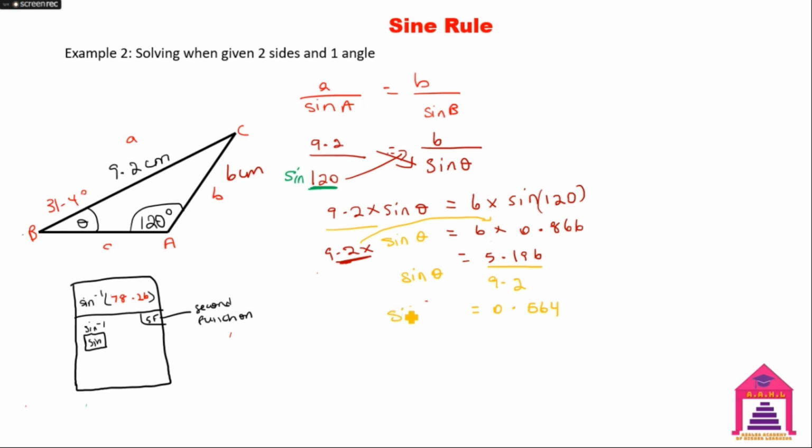Now remember, this is sine multiplied by theta. We want to know the value of theta. So we're going to take our sine and bring it here. When we bring it here, remember we're going to inverse it. These steps didn't change because of this one mistake. So you're going to get sine, write that better.